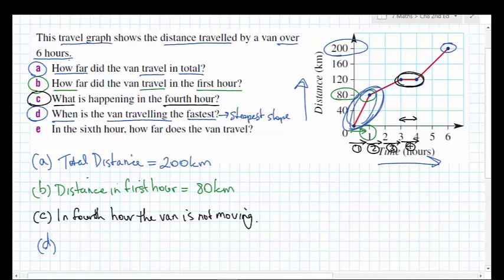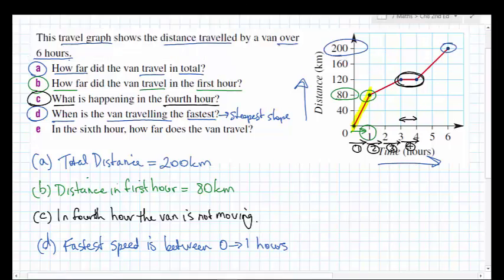That is our steepest portion of the graph, which gives us our fastest speed. So the fastest speed is between 0 and 1 hours. I'm highlighting this so you can see it.